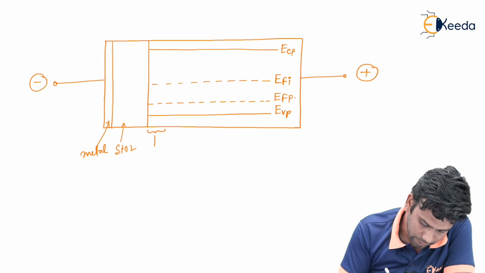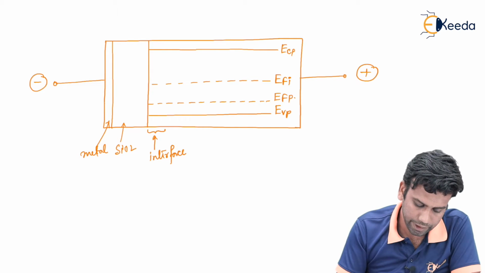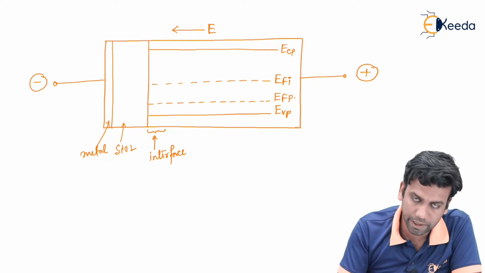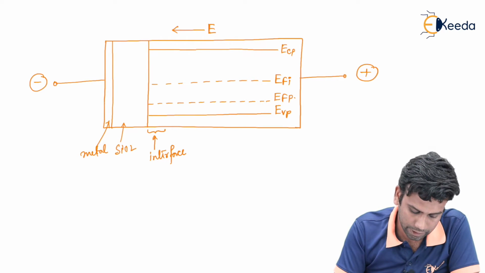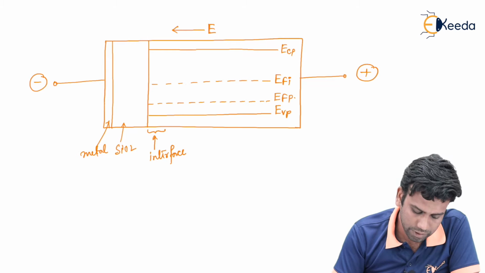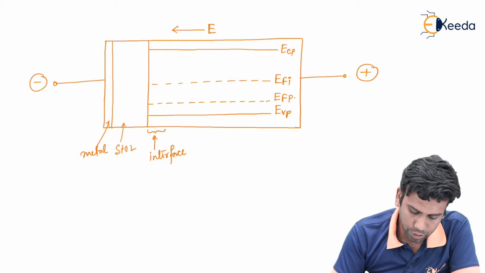So this region is the interface where a layer of holes will be created due to the electric field E created by the external voltage inside the semiconductor. So in this region of interface there will be a large concentration of holes inside the p-type substrate. That's why the intrinsic Fermi level EFI and the EVP will bend towards the EFP in this manner.